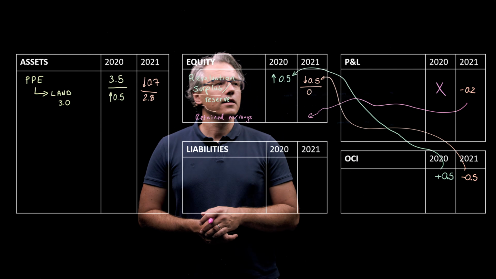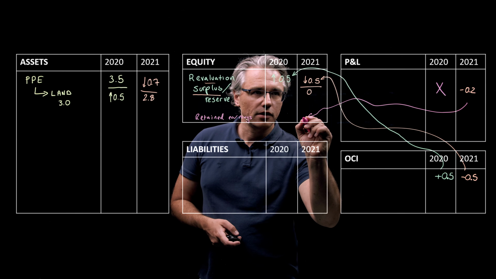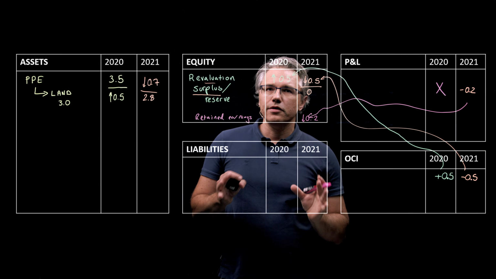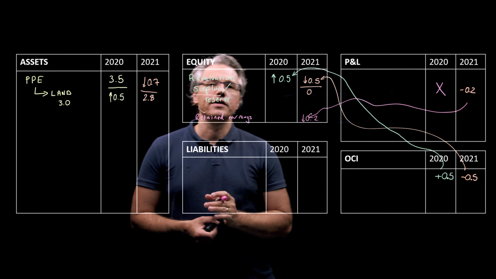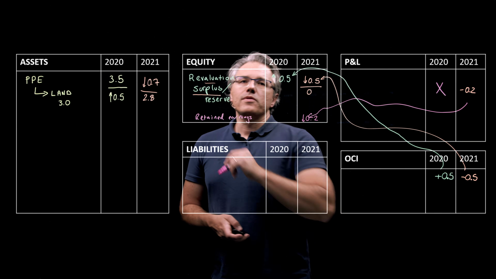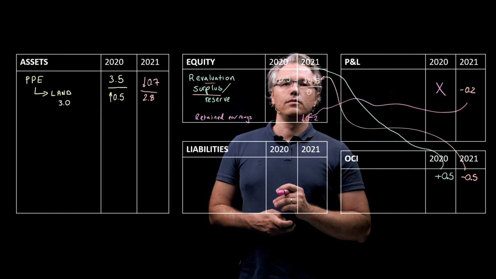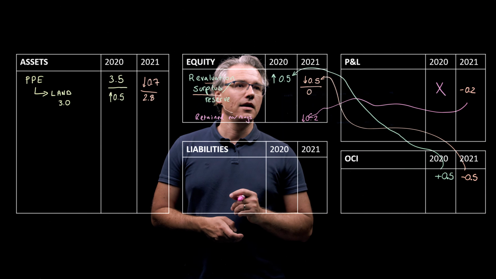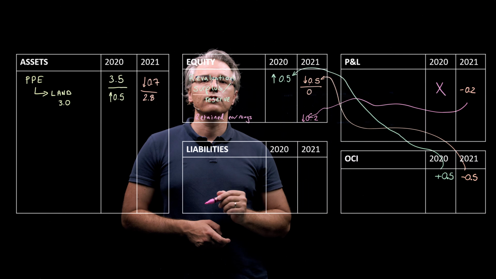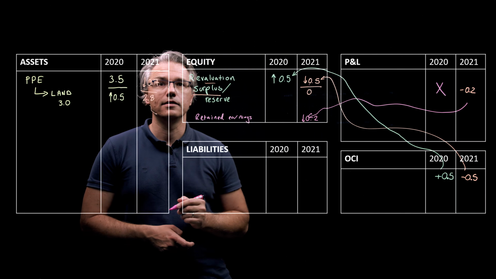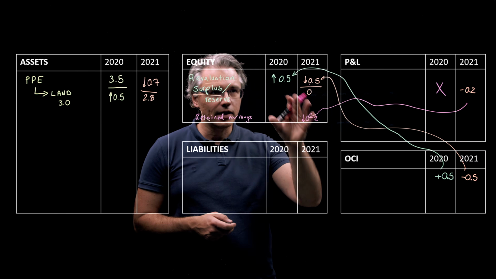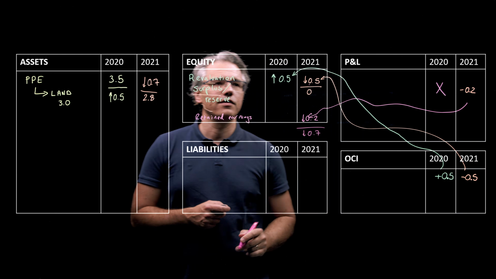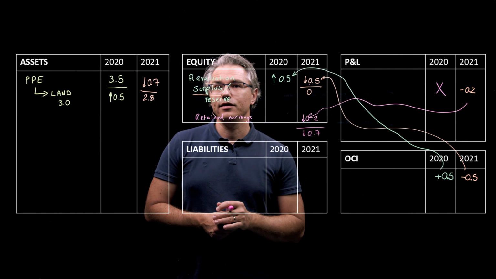Okay, all in all, these two entries, so let me just make sure that I've got this minus 0.2, or reduction of 0.2 million. All in all, what we've got is a balance within the balance sheet: a 0.7 negative, or drop, to the asset value on the left-hand side of the balance sheet. And in a similar manner, when we add what was taken to revaluation surplus and what impacted retained earnings, both downward arrows, we have a total negative impact of 0.7 to equity, so the right-hand side of the balance sheet.